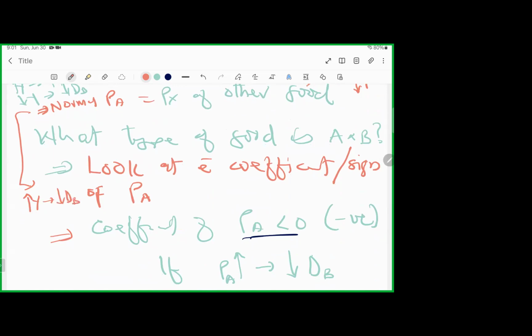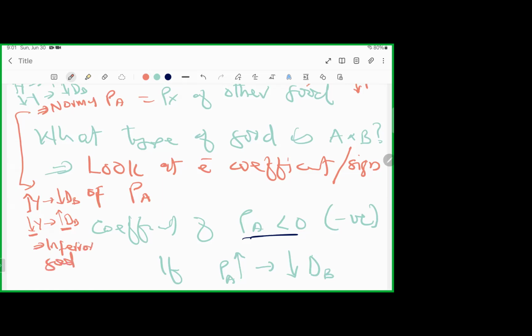Once you have lower income, you tend to buy more of that good, because the relationship is negative. You only consume more of that good when your income is low. But when you begin to get more money, you don't consume that good. It means that good is an inferior good.